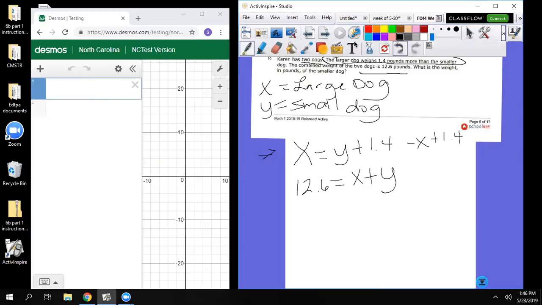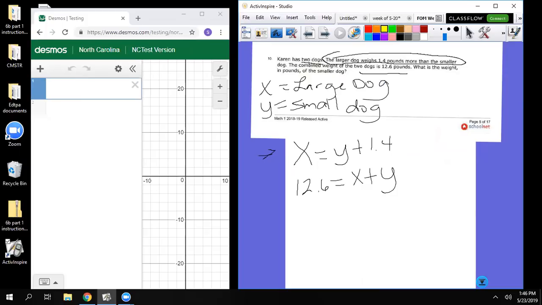Let's get the eraser going here. Okay, that's negative x plus y equals negative 1.4. Okay, all we did was do inverse operation so that we got our constant on one side and our variables on the other. And then here we have 12.6 is equal to x plus y.